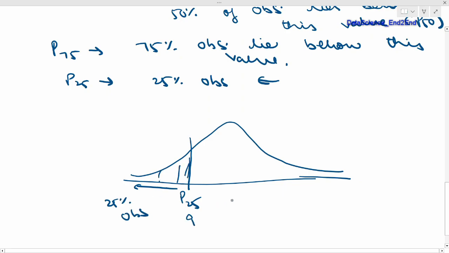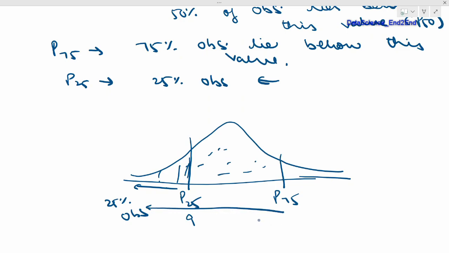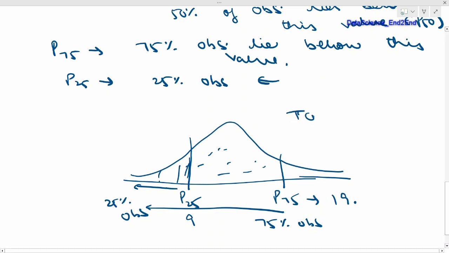For example, this value is 9. And this is your P75, where 75% of observations are located below this value, and suppose this P75 value is 19. Then interquartile range is 19 minus 9, which is equal to 10.